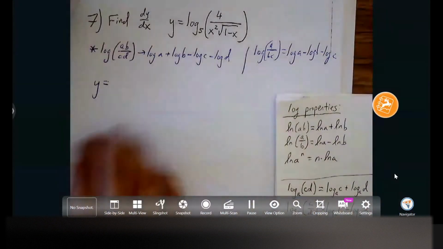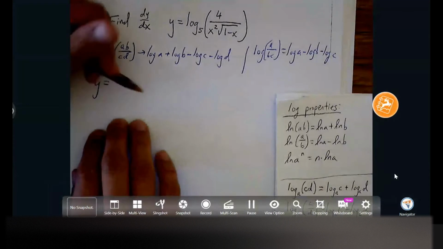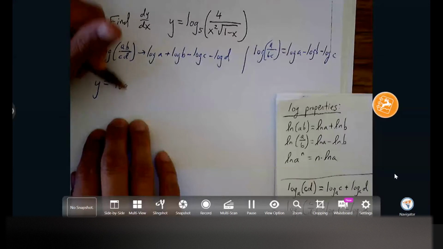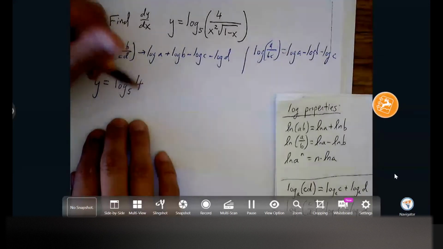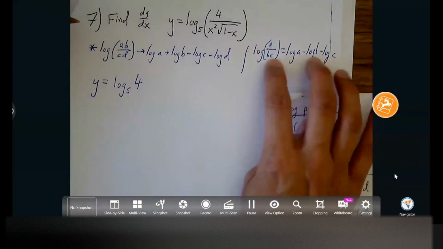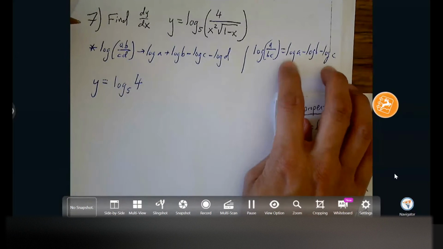Then what would that look like? Log 4 minus log x squared minus log of 1 minus x. So I'm just giving you an example where anything in the denominator will have negative logs, and anything in the numerator will have positive logs.